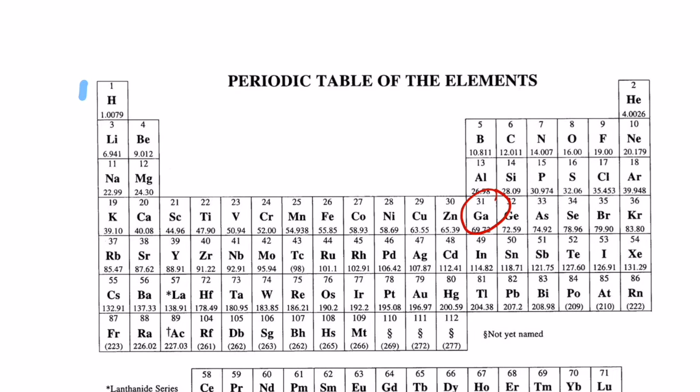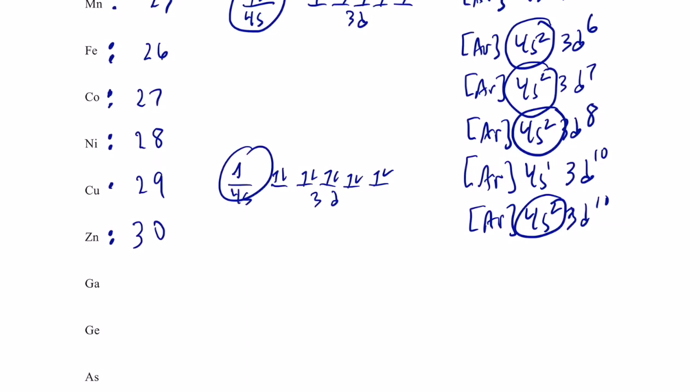So 1, 2, 3, 4 energy levels down. This is the S, this is the P, this is the D. Looks like gallium would be 4s2, 3d10, 4p1. Okay, and that would be after the noble gas argon.